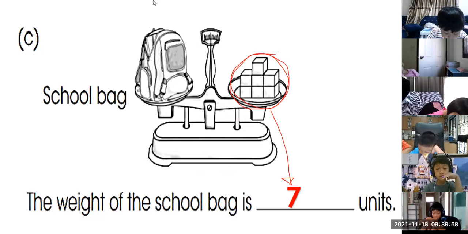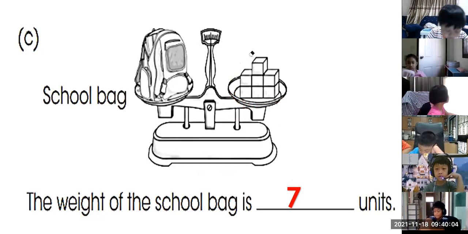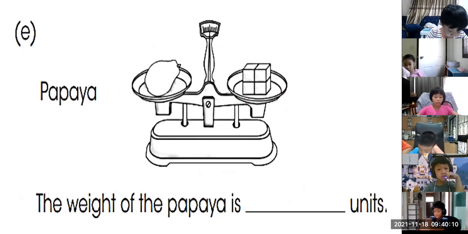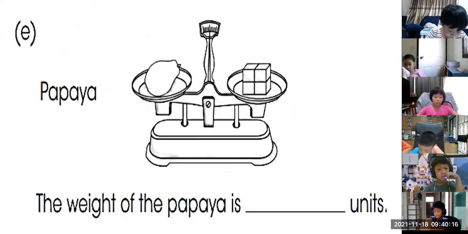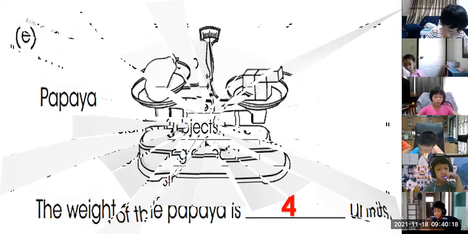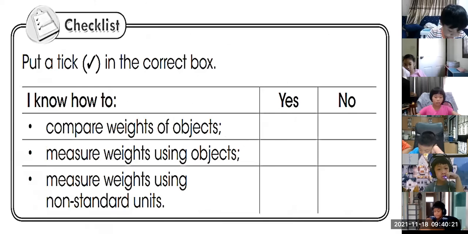Now letter D. It is a jackfruit. Sorry, letter D is not here.